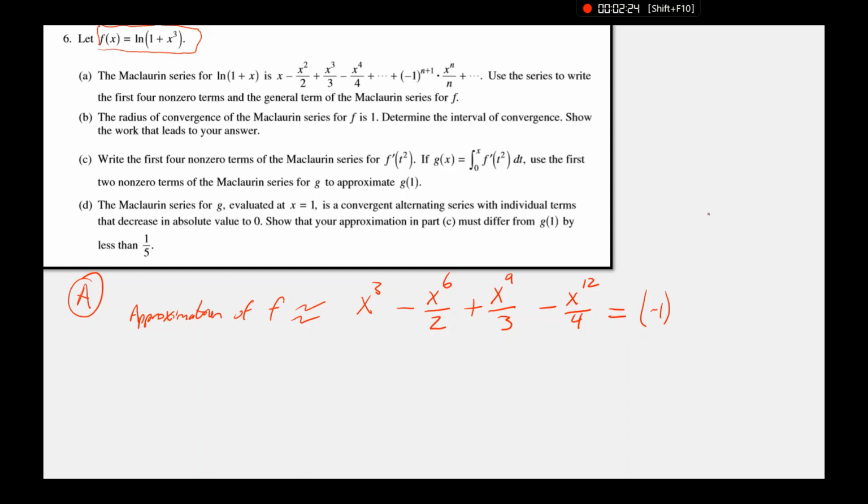So that's negative 1 to the n plus 1, you said, and then x to the 3n. Okay, that'll work. And then divided by n. Okay, that works.